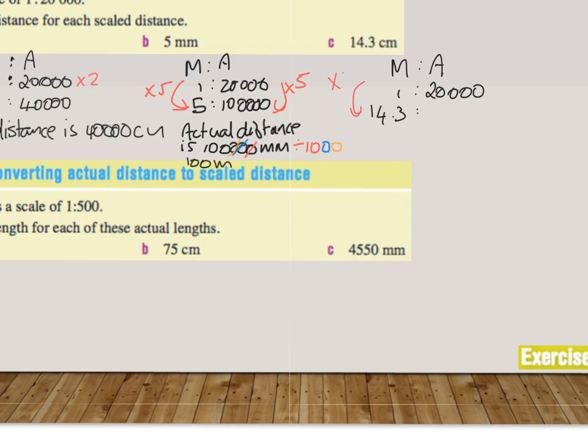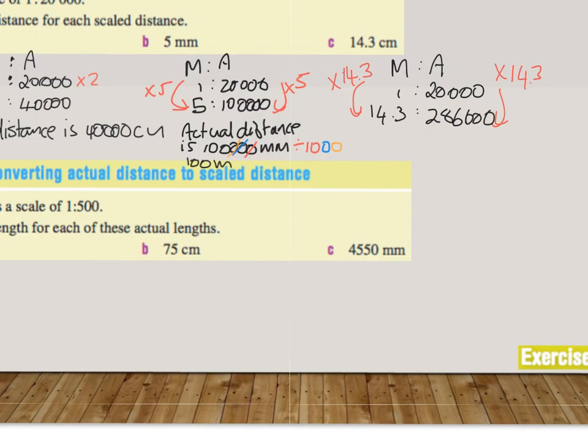We multiply by 14.3, which means we'll have to multiply by 14.3. 20,000 times 14.3 will give us an answer of 286,000 centimeters.